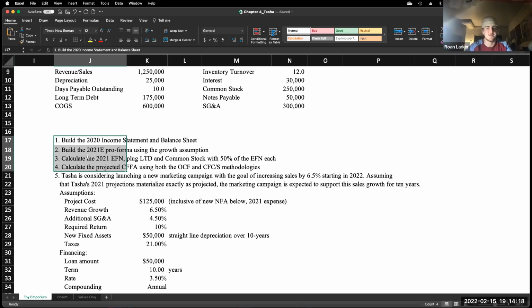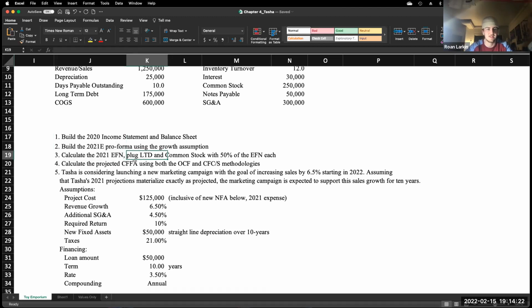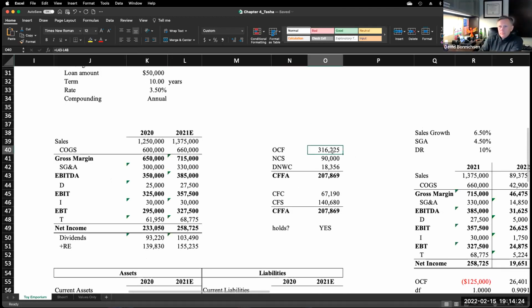For the CFFA, do you have that code in your Excel to calculate that? Yep. Everything is coded.